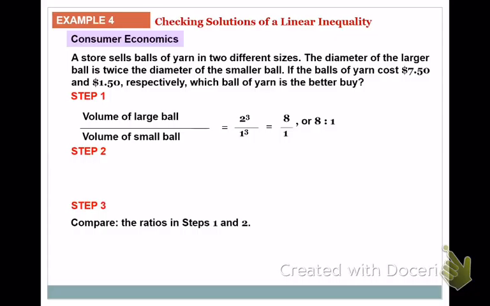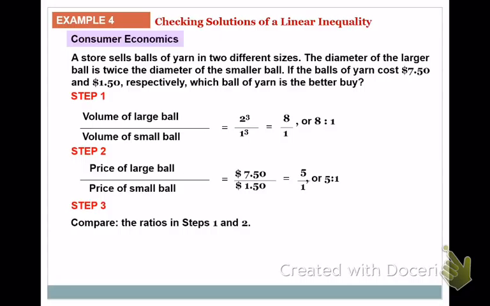So the volumes are 8 to 1. The next step, we compare the prices. The price of the large ball is $7.50 to $1.50. That reduces to 5 over 1.